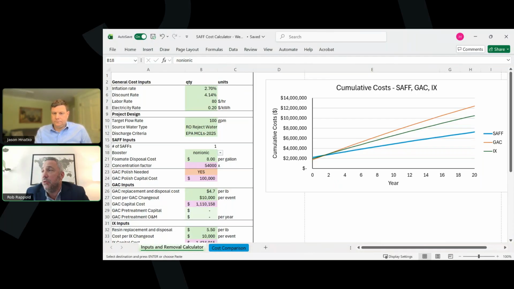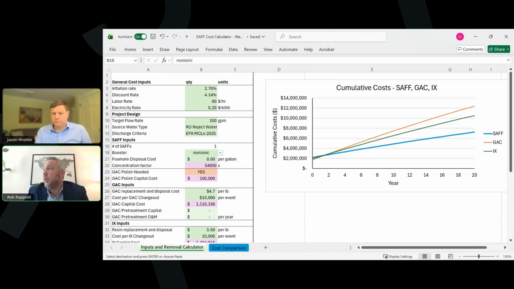As Jason says, with more information, some of the assumptions go to more factual based things, and the tool just becomes that much tighter. And that's really helpful to clients that we've worked with using this tool. You can change things, as you can see here, like the electricity rate in this case is 20 cents per kilowatt hour. But again, you might be in a place where that's different, so you're making adjustments here. All of that will just refine things and make this a more accurate, up-to-date estimate.